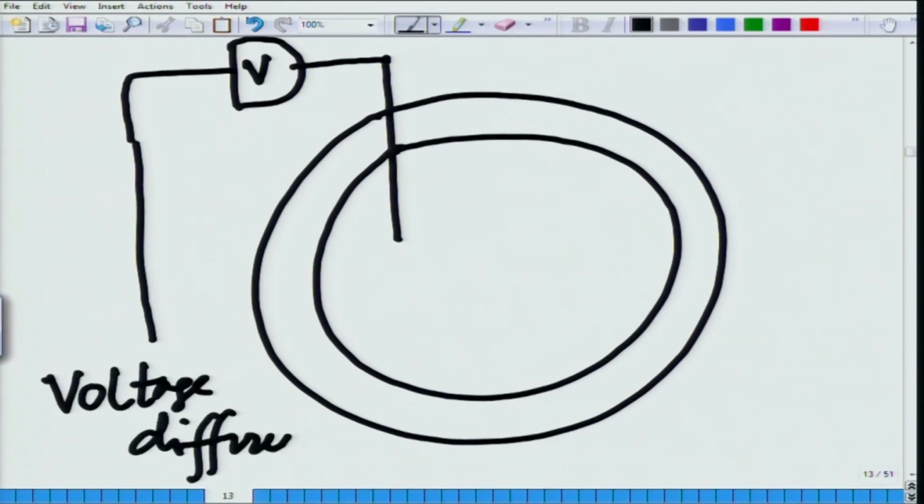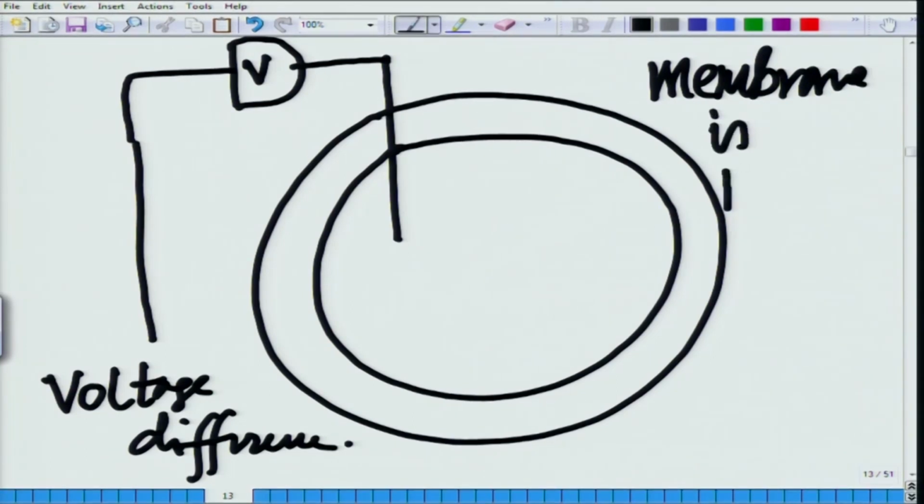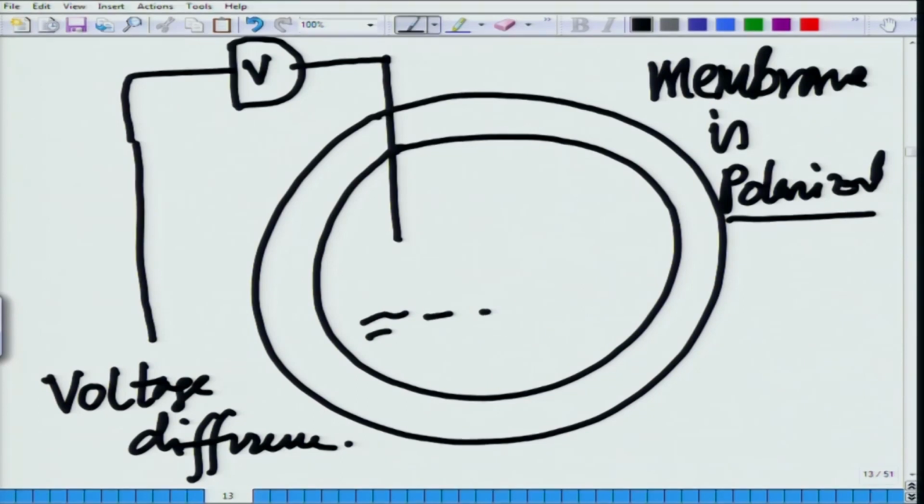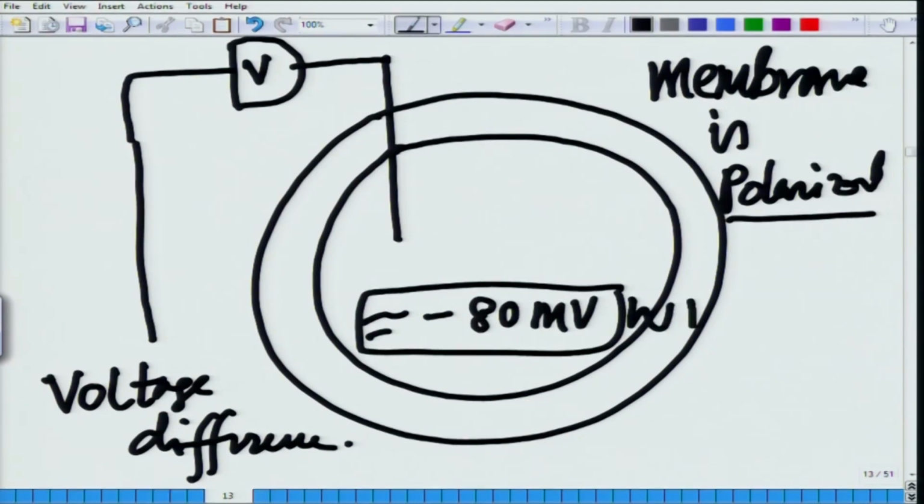In other words, electrically both sides are standing at different voltages, and this feature is called the membrane being polarized. We will come back to this when we talk about nerve and muscle. With respect to the outside, the inside most of the time stays at minus 80 millivolt.